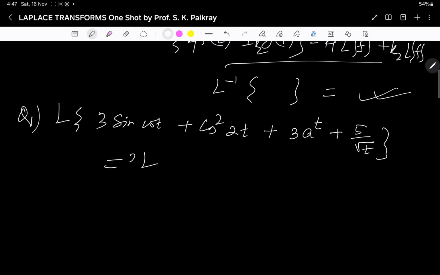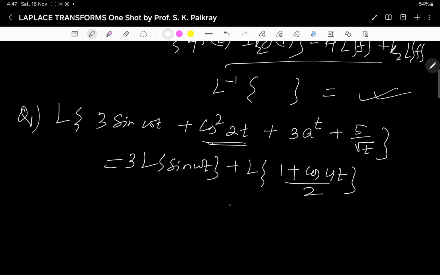So this will be L of 3 taken out, sin ωt, and you simplify using the trigonometry formula. So L of cos² 2t: cos² θ is (1 + cos 2θ) divided by 2, so it is (1 + cos 4t) divided by 2. Then plus a to the power t, you know the direct formula, it is 3 Laplace of a to the power t plus 5 Laplace of t to the power minus half.